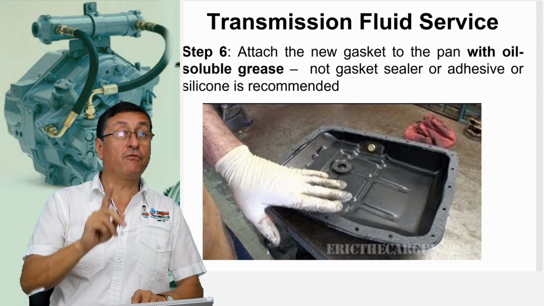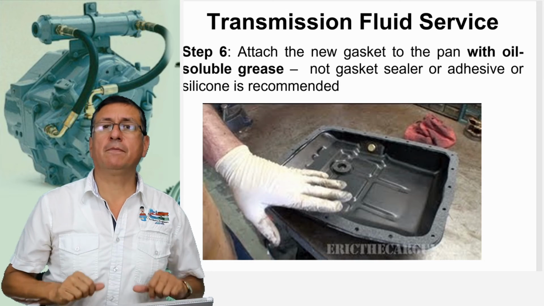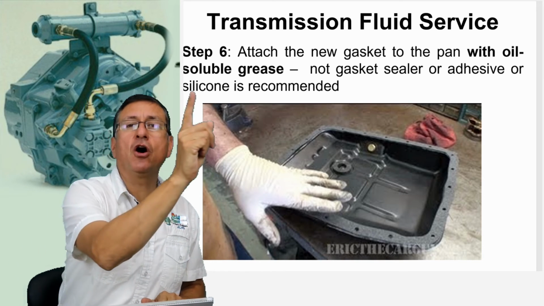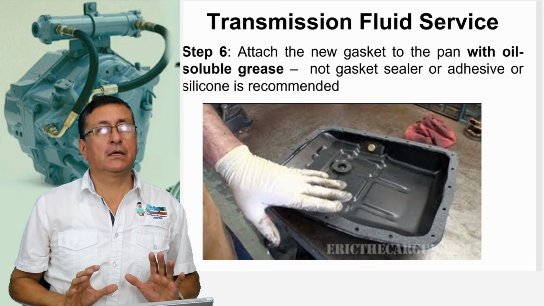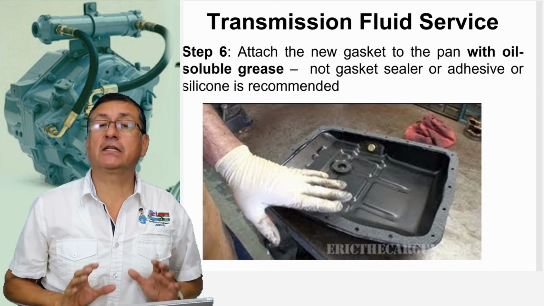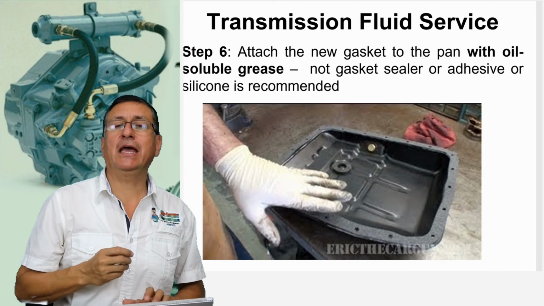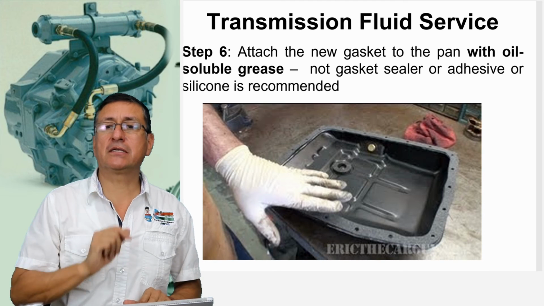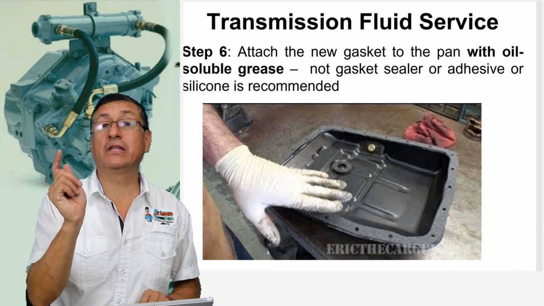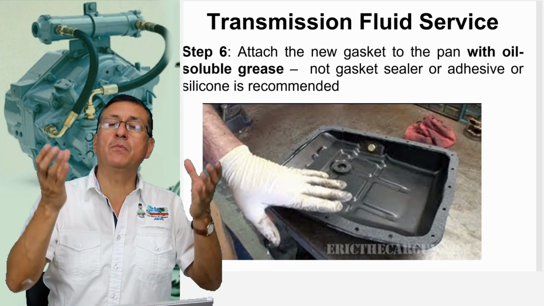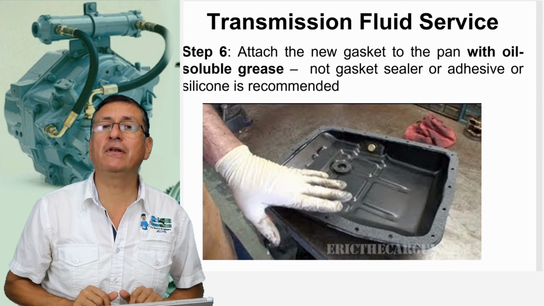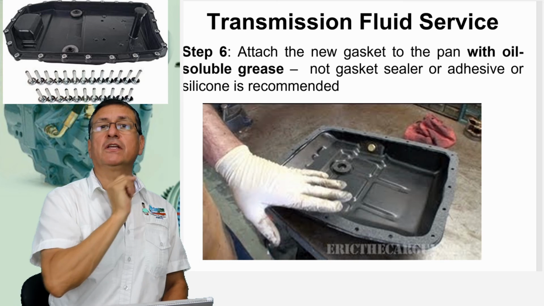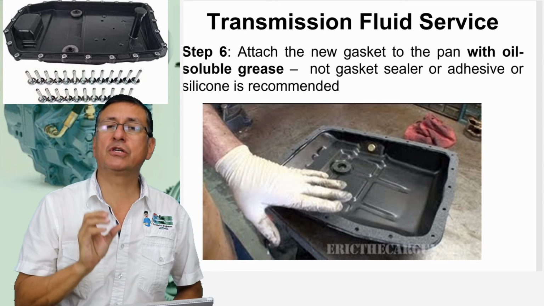Let me explain something before you do that. Normally, before I put back the oil pan, I check the thread in all the bolts. The automatic transmission is one of the elements in the engine that produces a lot of leaks, and normally those leaks are on the oil pan, because when people remove the oil pan, after that they have leaks, and basically it's because the threads in the housing of the transmission for those bolts are damaged.